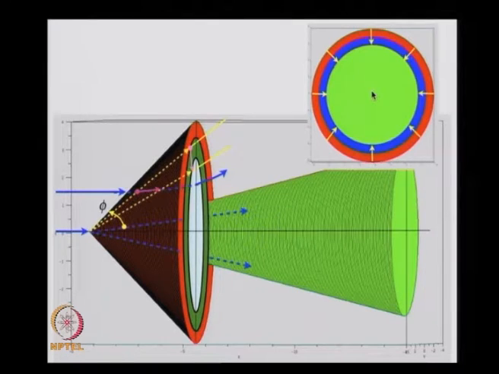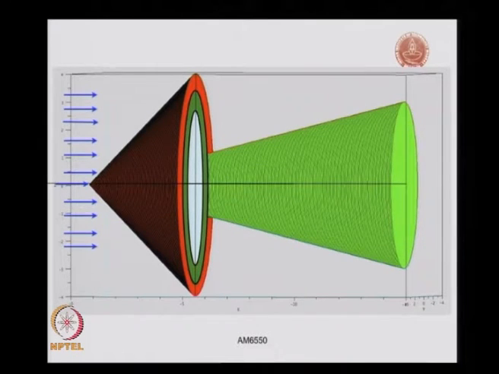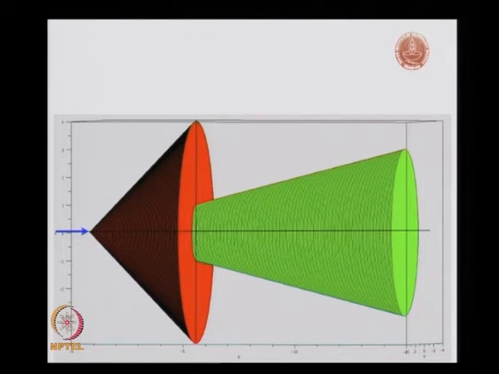Let us now look at what exactly is happening when we talk about the 3D flow or conical flow at an angle of attack. Essentially this is an axisymmetric case.